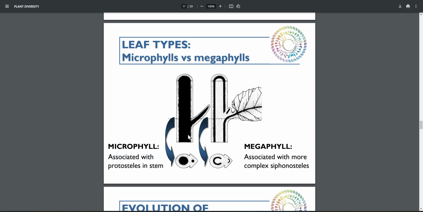The black stuff is the xylem and phloem, and this is kind of a poor representation. But anyway, just remember microphyll, protostele usually, while megaphyll is siphonostele, complex. Again, this part is just how they represent siphonosteles, wrapped around the core on the perimeter, but this diagram is quite hard to understand. So just remember these two statements.